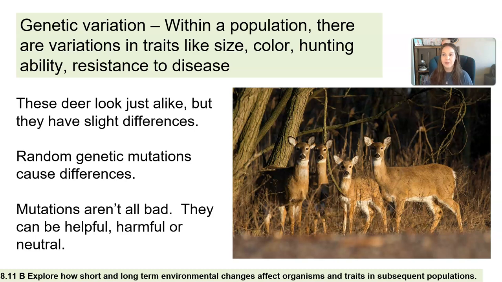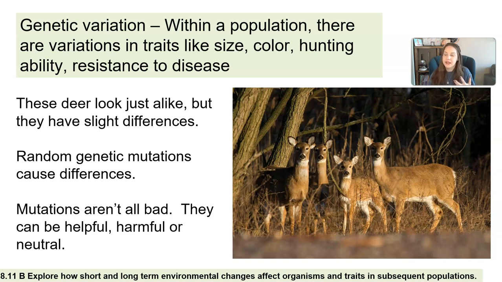So, for example, in this group of deer, we see that there's different sizes. One might be a little darker than the other. One might have a better ability to hunt, or not hunt in this group of deer, they don't hunt, but another ability to find food, okay, than another.